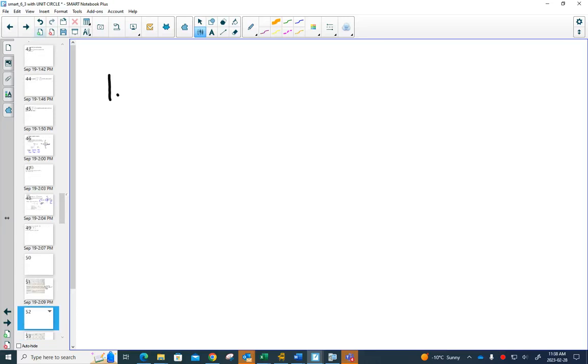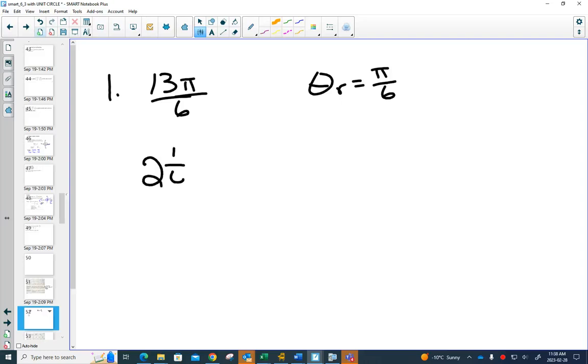Question number 1 has 13 pi over 6. What you're going to think in your head right away is, I know my reference angle. This is part of my pi over 6 family. I just need to find out what quadrant it's in. And I'm going to find out what quadrant it's in by using the mixed fraction. 13 pi over 6 is the same as 2 and 1/6 pi.